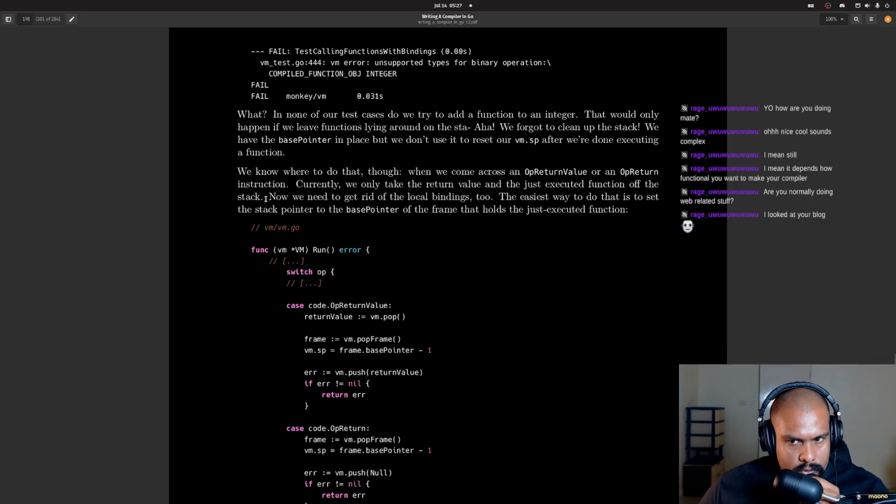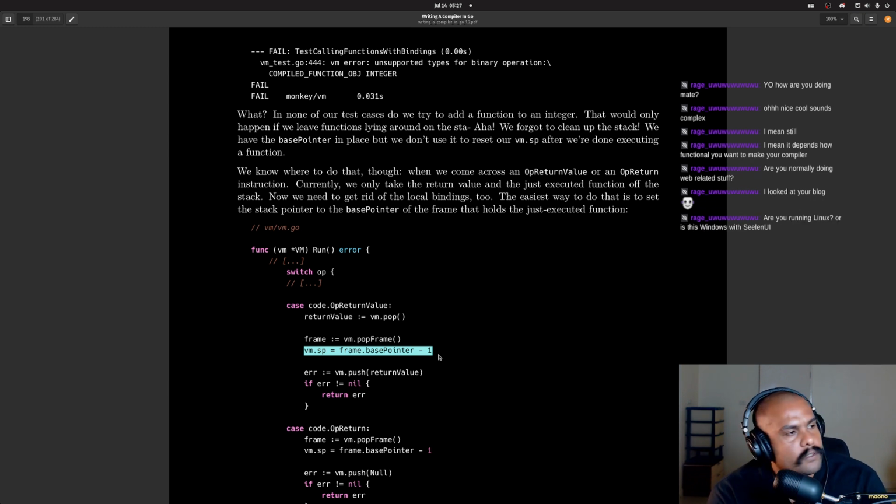The easiest way to do that is to set the stack pointer to the base pointer of the frame that holds the just executed function. What's that mean? Yeah, base pointer minus 1.